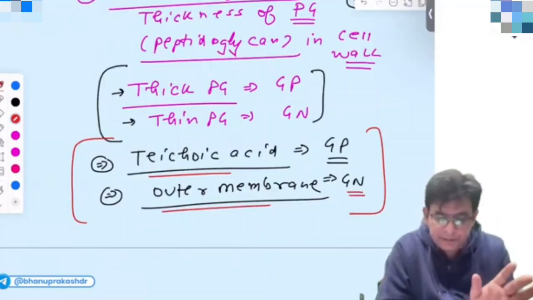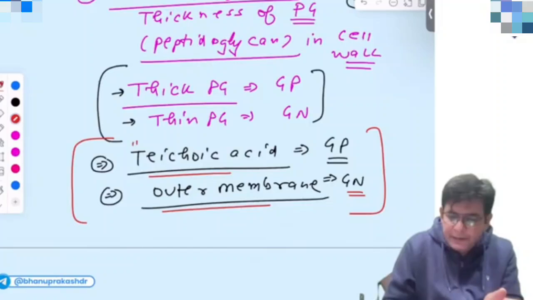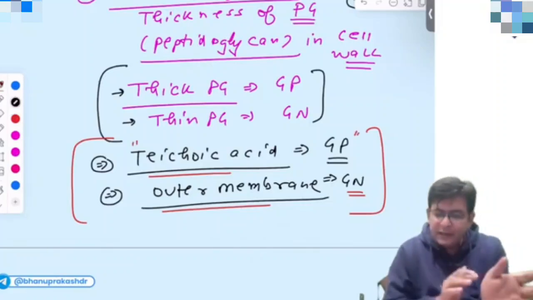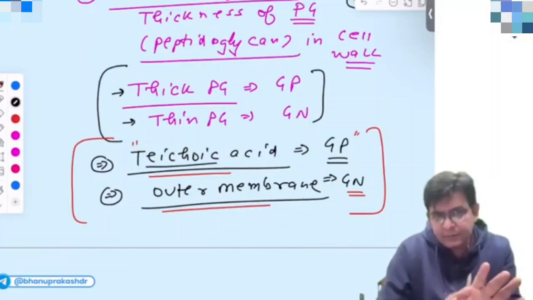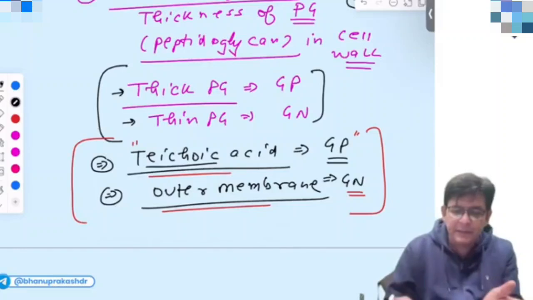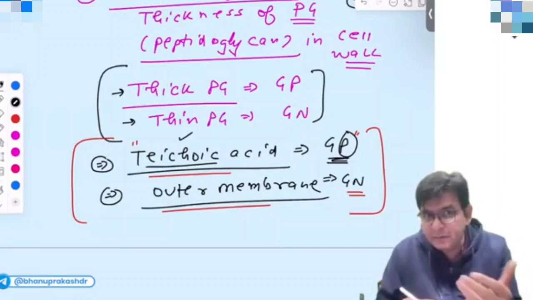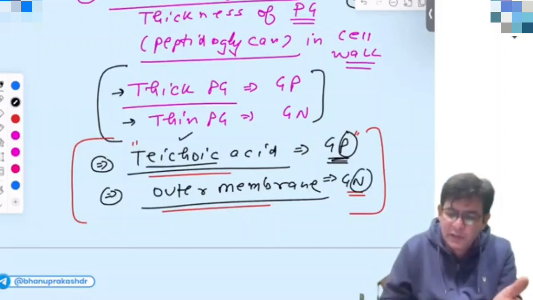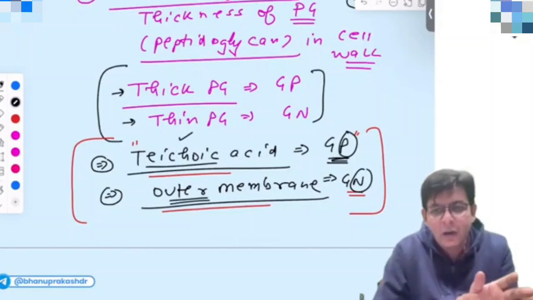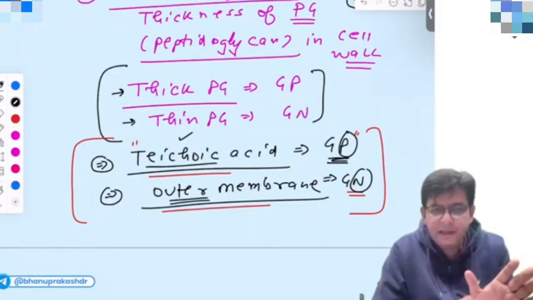Now how to remember? Teichoic acid. Gram positive they have. Positive persons, they persist in life, means in Hindi you call it टिकते हैं. And those who are negative in life, they get out of the life race. Remember like this. The positive persons stay, they persist in the life race.